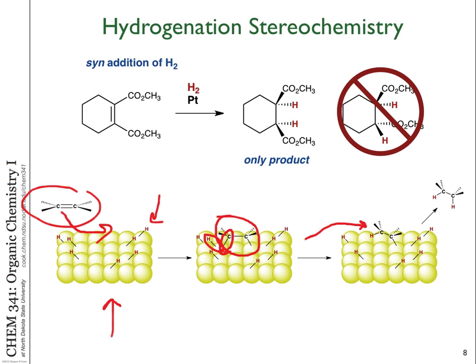The C-C bond is now replaced with a C-H bond, but the other carbon is still bound to a metal, and so the other hydrogen is also inserted into that to eventually form the product of both hydrogens being added on the same side of the double bond.